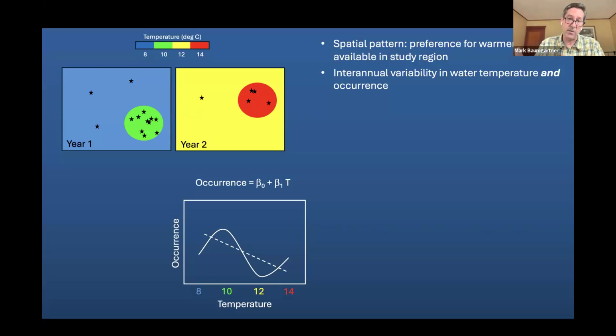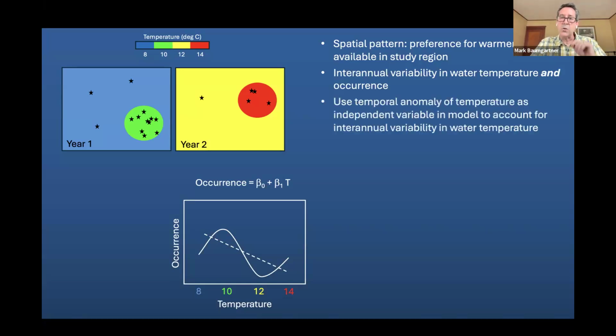This animal has a preference for warmer water, and your model is saying that occurrence actually goes down with warmer water. So you're going to need to use temporal anomaly of temperature as we did before, but now you're going to include a year term to account for interannual variability in occurrence.